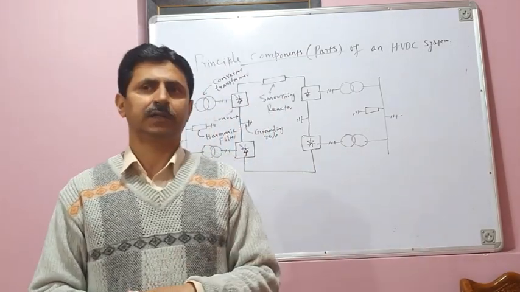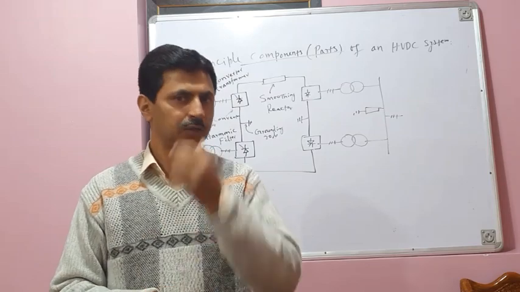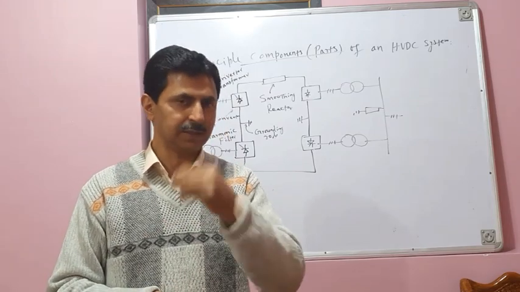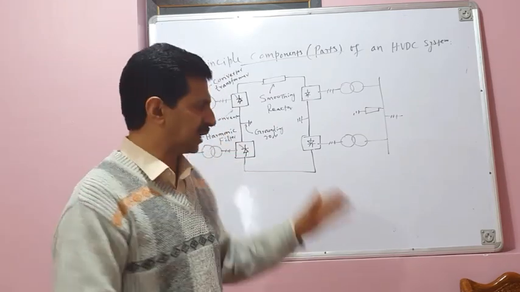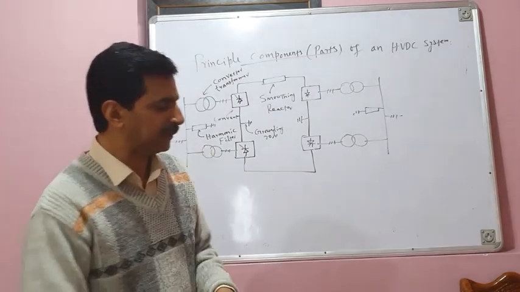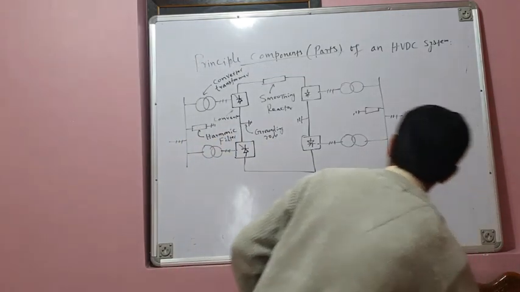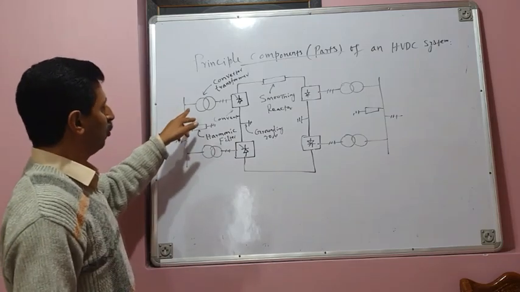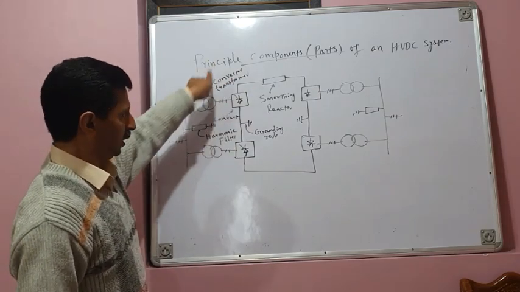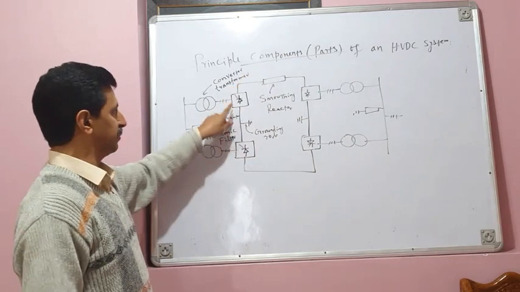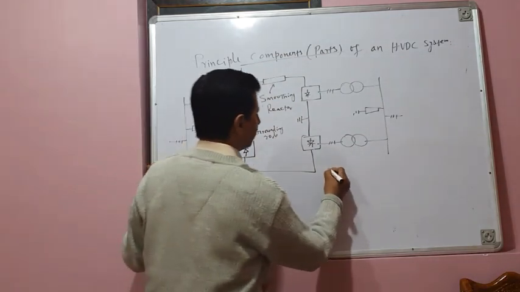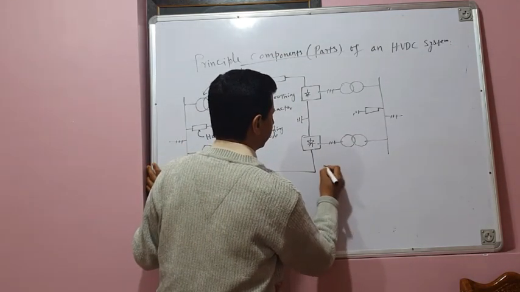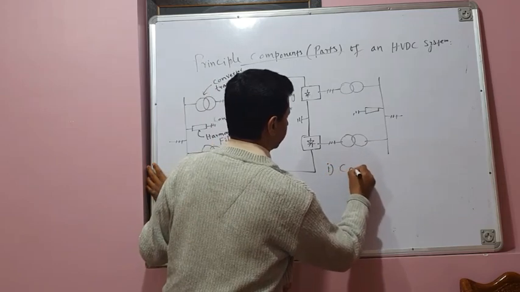Apart from this, you'll have reactive power systems also there, reactive power compensators, which I have not shown here. Okay, so let's discuss these parts one by one. So the most important part, or heart, of the entire system is the converters. So first we will discuss converters.